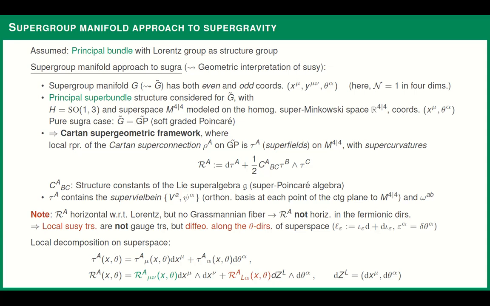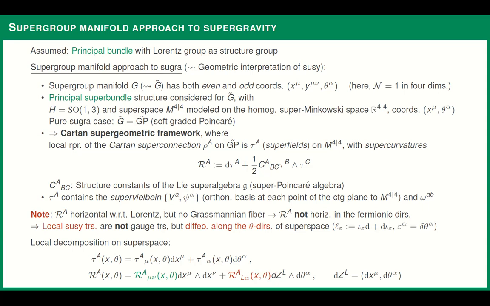When the curvatures are horizontal along the direction for which we are taking those transformations, the contraction will be zero, and the transformation reduces to a genuine gauge transformation.